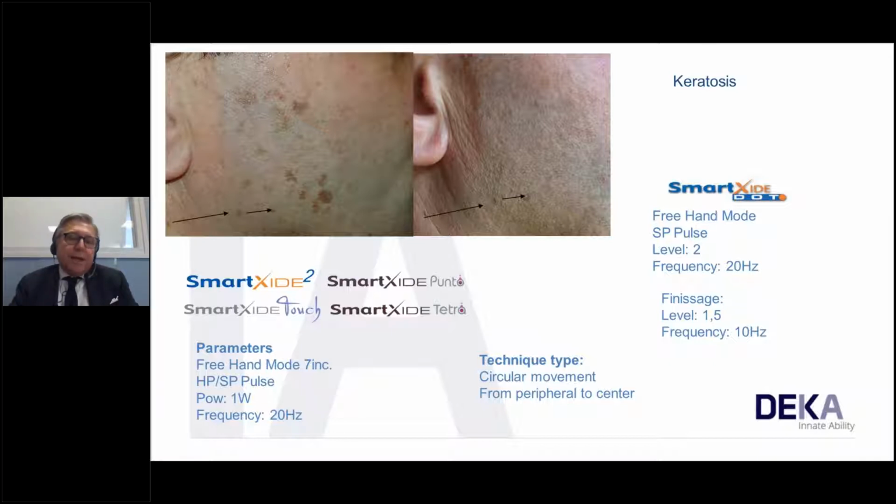We use freehand mode with the 7-inch, of course, the largest spot size that allows us to vaporize the lesion. We can use the HP or SP pulse and the power around 1 watt with a frequency of 20 hertz. With the previous one, Smartxide DOT, we use freehand mode with SP pulse level 2 at frequency 20. This is a comparison of the old and the new ones.